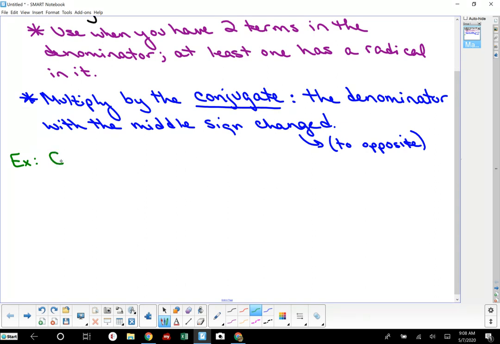If you are given radical 3 over 2 minus radical 6. Now remember, numerator, the top part, this one does not matter.